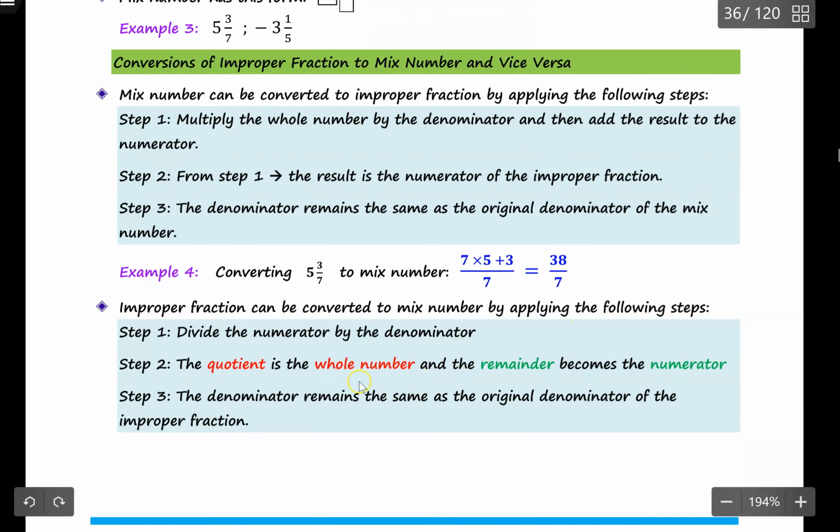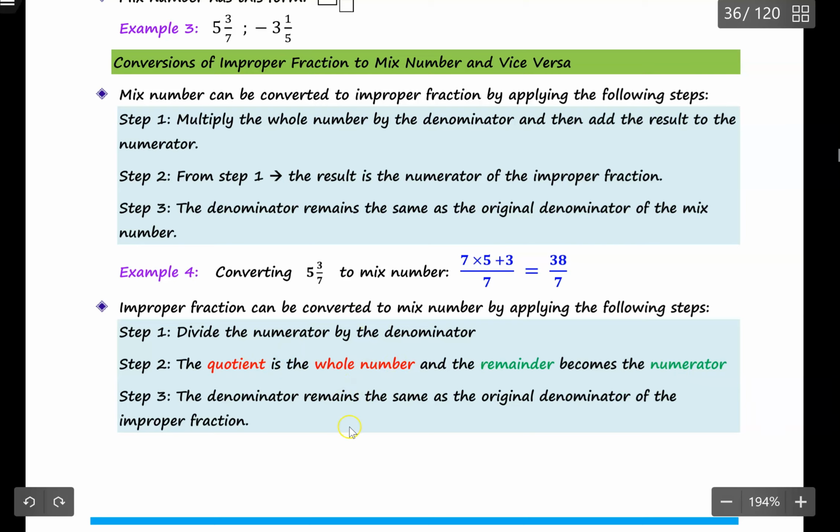All right. So how about converting an improper fraction to a mixed number? Then you have to remember the concept of simple division, and we have to perform that by hand, because we cannot use a calculator in this case. We have to remember there's a quotient, a whole number, and a remainder. The remainder becomes the numerator, and the quotient becomes the whole number.